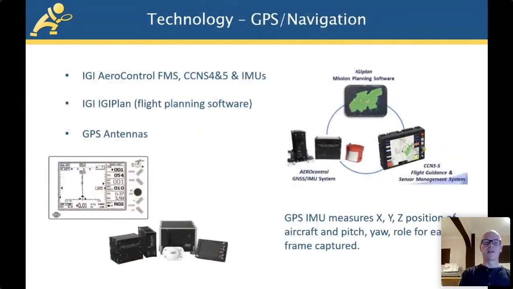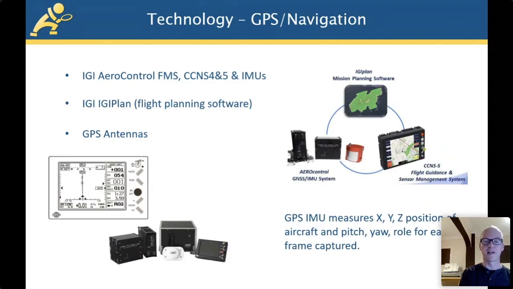So moving on to technology. As I mentioned, positional accuracy is important, and this is one of the key bits of technology that will enable this to happen. We are in an aircraft, which is a highly turbulent environment, and we have a very sophisticated GPS and navigational system.